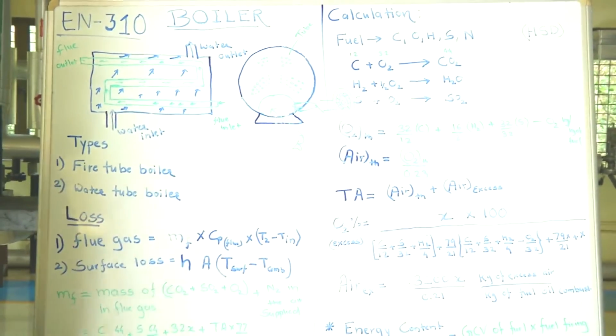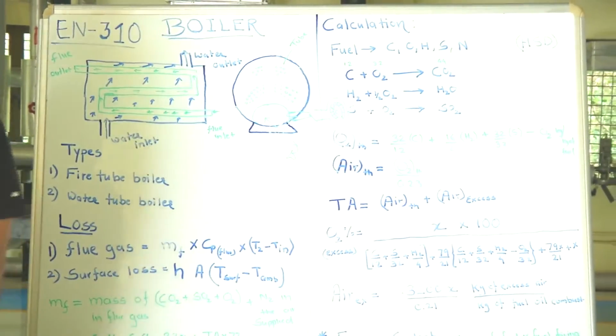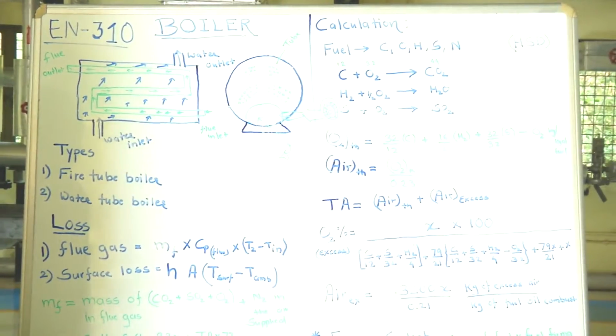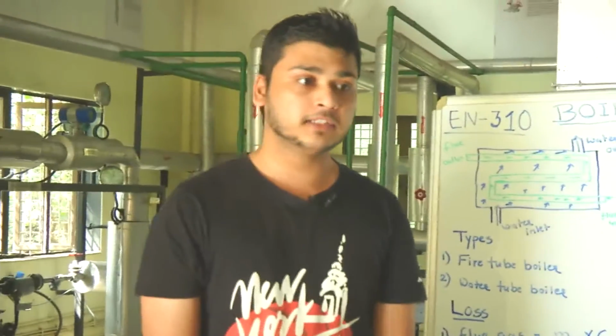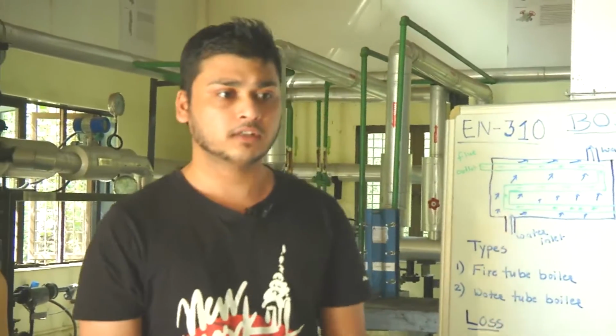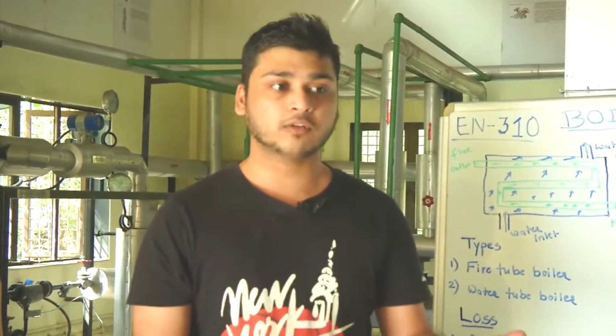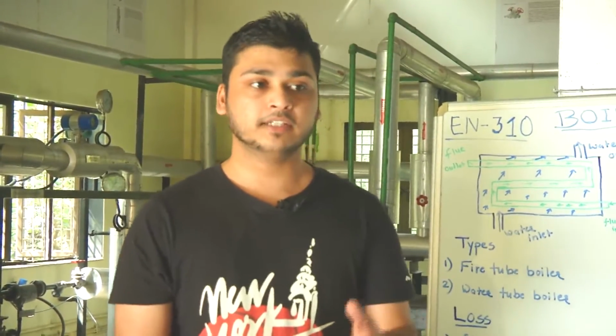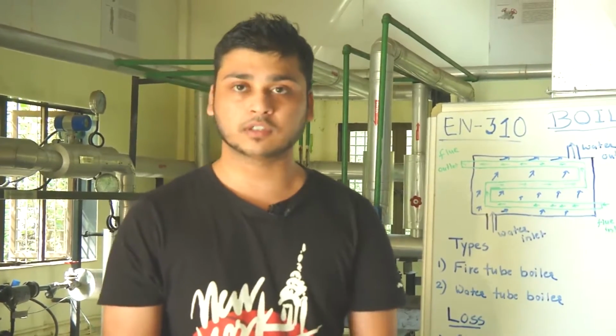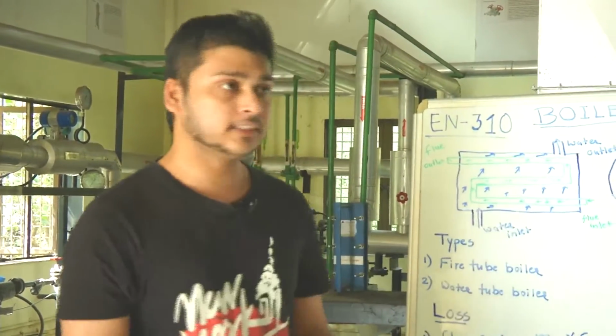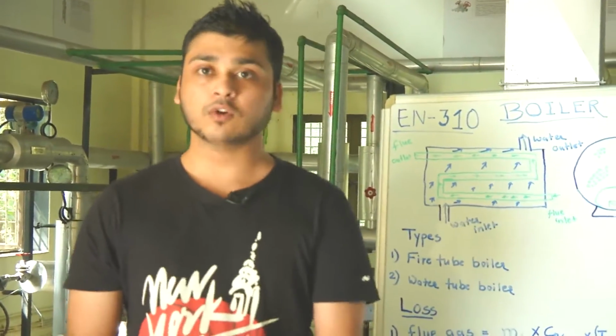So we have two methods to calculate the efficiency. The first one is the direct method and the second one is the indirect method. In the direct method, we just calculate how much heat is absorbed by the water divided by the heat given by the fuel. In the indirect method, we use the losses concept.